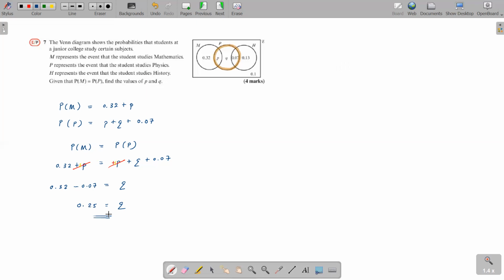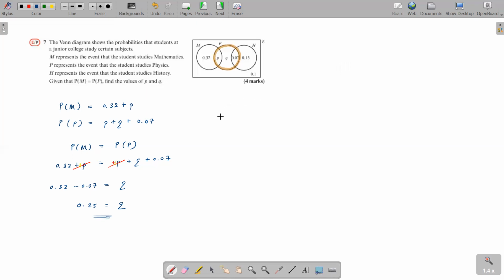And then how do you find the value of p? They ask me to find the value of p and q both. I need both p and q. So how do I get the other value now? What I can do here is we can arrange and get the total probability.